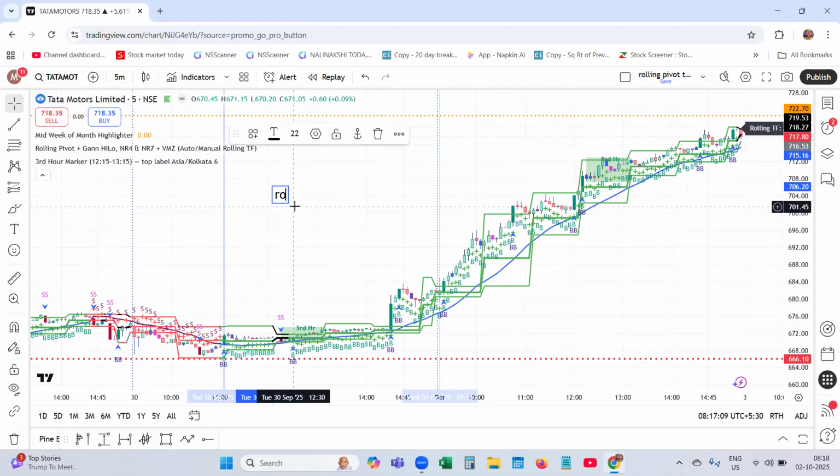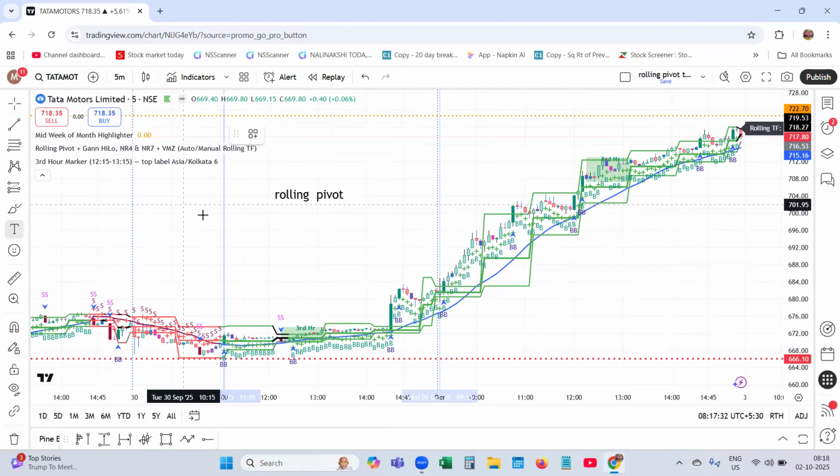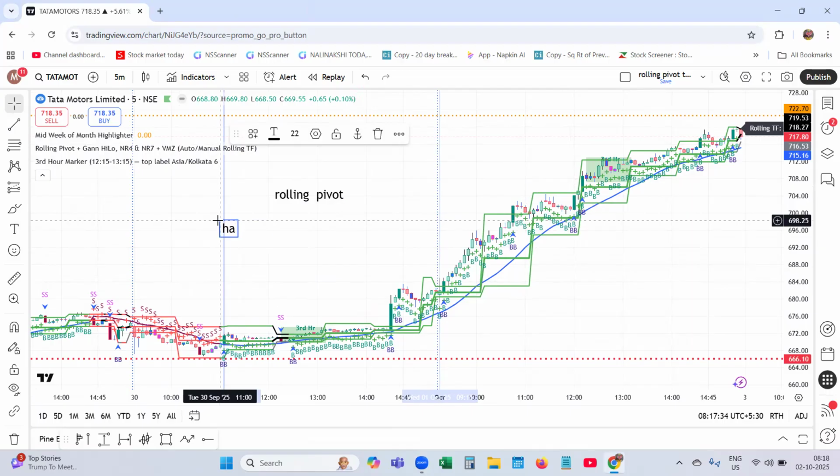Rolling pivot is the dynamic indicator which guides you. It is the GPS for your intraday trade as well as for positional and swing trade. Why? Because this rolling pivot indicator has been coded for auto time frame adjustments.